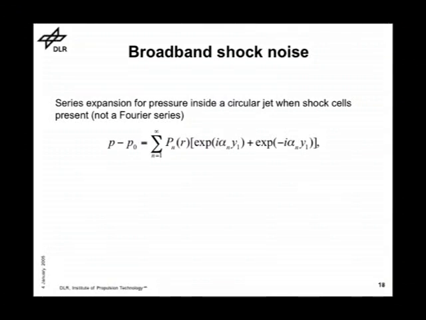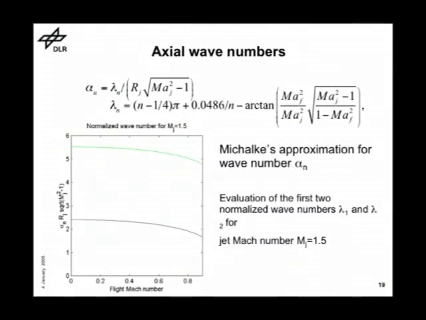So you have axial wave numbers, from 1 until infinity, and you have amplitudes. These wave numbers are of course important, and for the wave numbers, Ulf Michel has developed a closed form solution which includes the influence of the jet Mach number. You see the wave numbers decrease as a function of increasing Mach number.